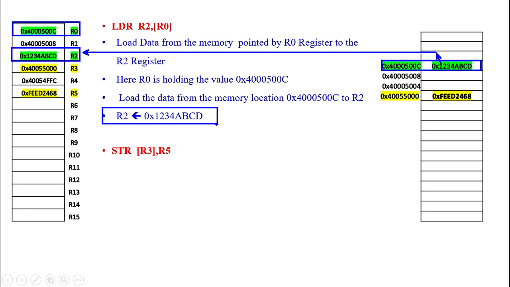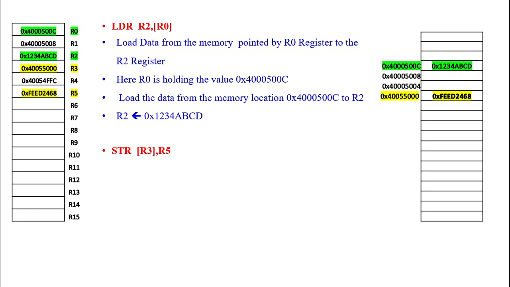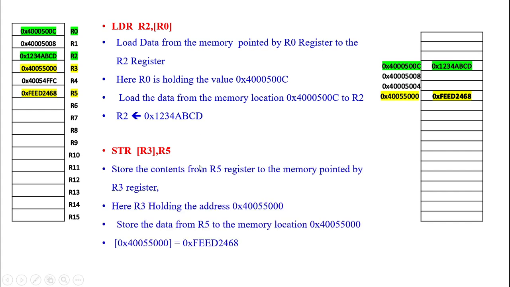Similar to this, I have one more use case called store data. Now I'm talking about STR R3, R5. What is R3 here? R3 is a memory location. Here R3 is holding 4005500, which is a memory location. Now store the contents of R5.